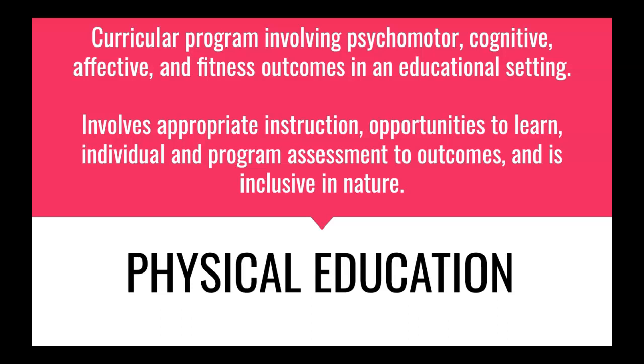We also have the affective domain. That relates to our feelings, our beliefs about ourselves, the way that we treat ourselves and others in a movement type of setting. It also relates to love of movement, joy that we have, motivation, everything involving that kind of feeling, kind of soft skills type of space.